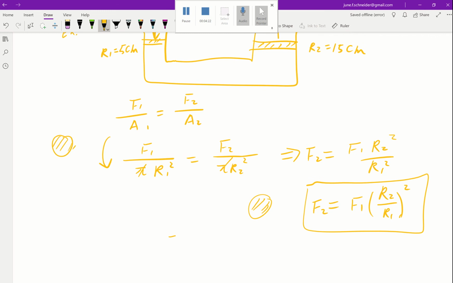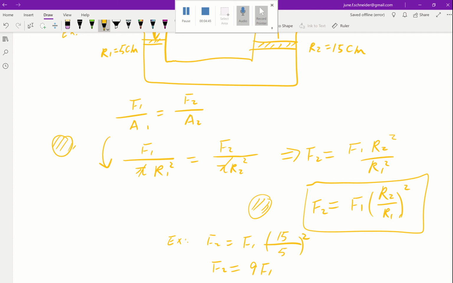So for this example, F2 will be equal to F1 times, R2 is the greater radius, 15, R1 is 5, so the ratio is 3. And then, however, it's squared, so that becomes 9. So imagine that's how the car jack works, right?